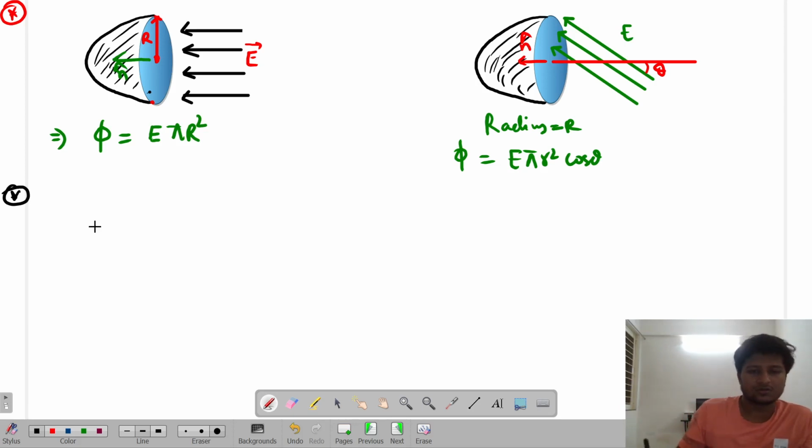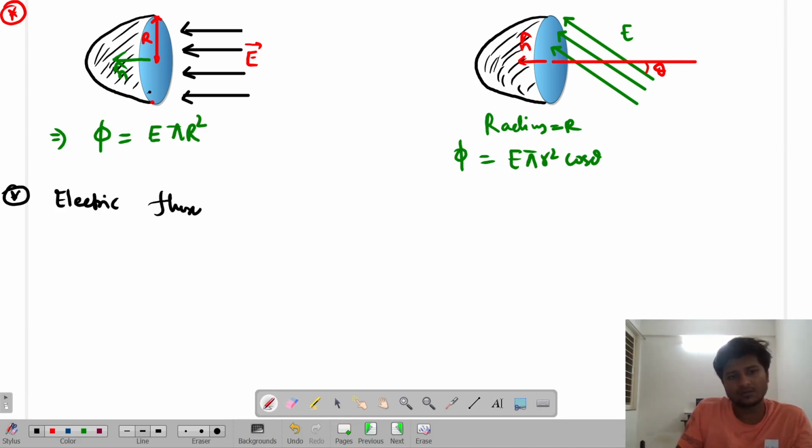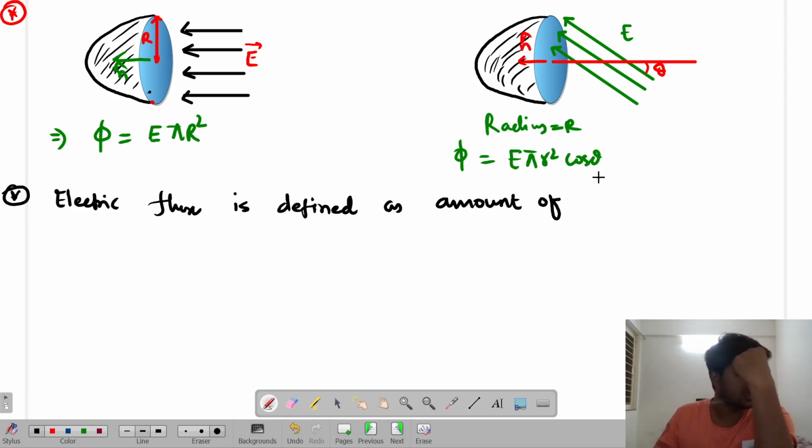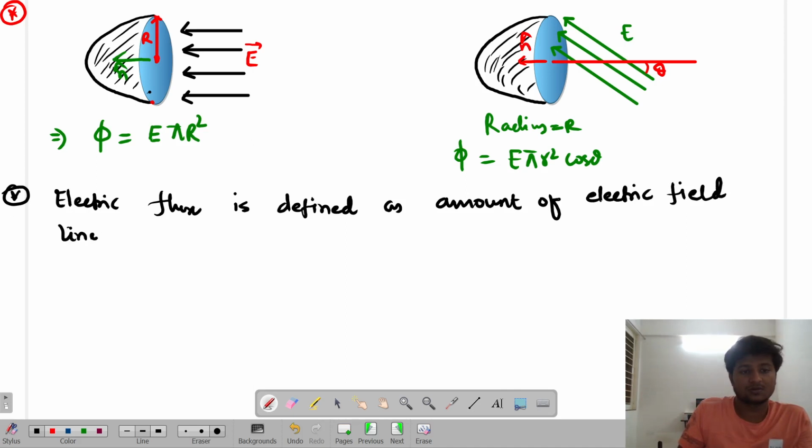So you can write this definition: flux, or electric flux in common terms, is defined as the amount of electric field lines or component along the direction of area.